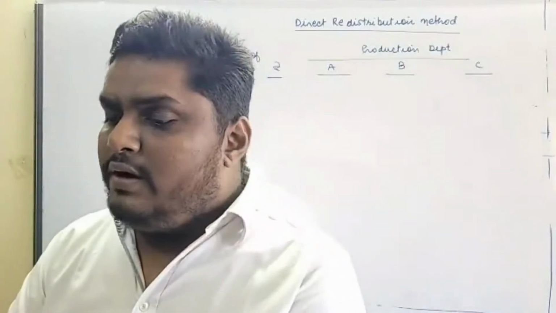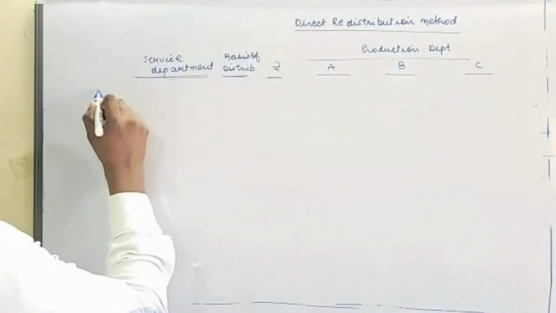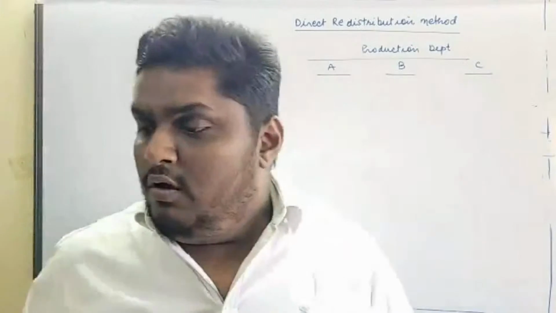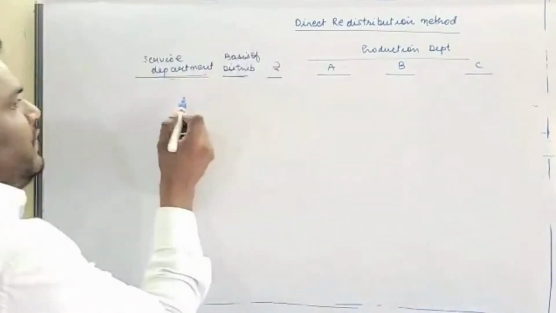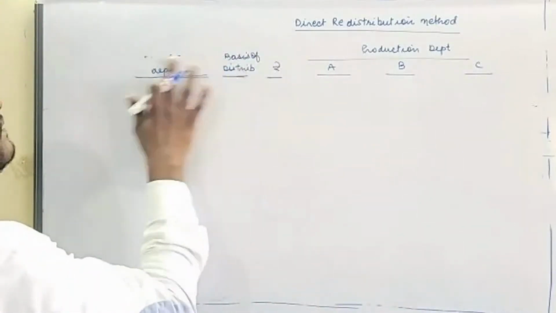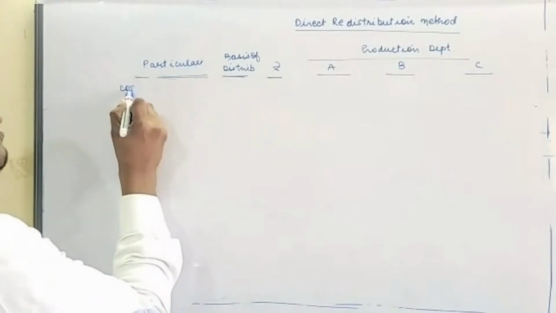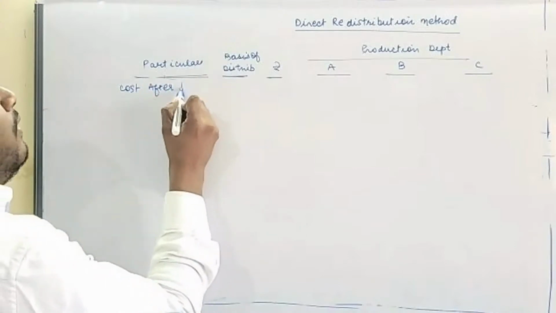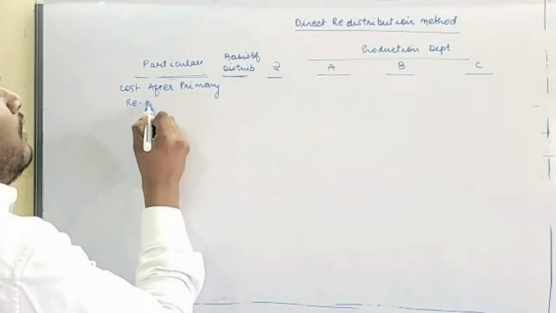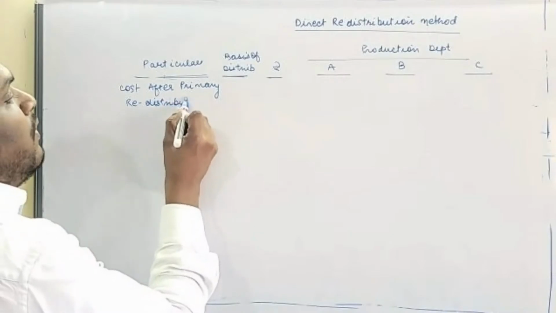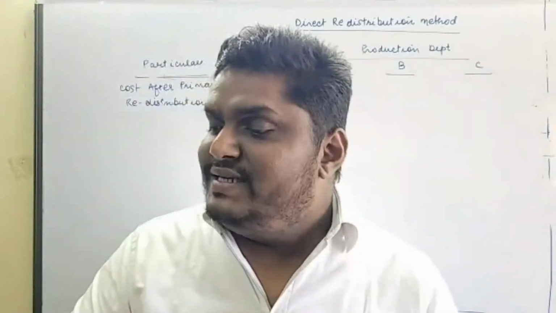Further, the overheads that are already distributed, which we call the primary distribution, are given in the question. It is given that 30 lakh, 26 lakh and 24 lakh. That is the cost after primary distribution.